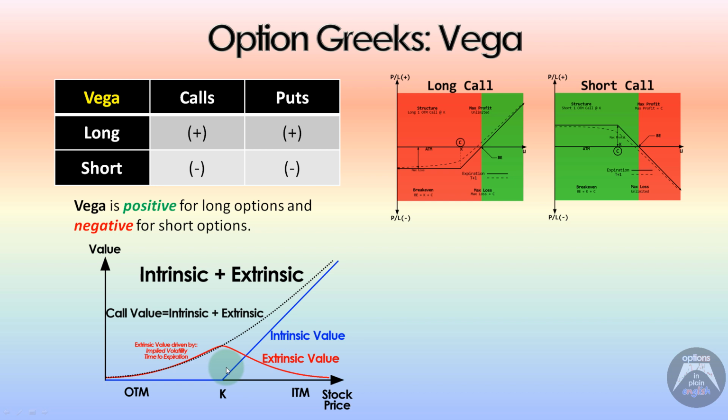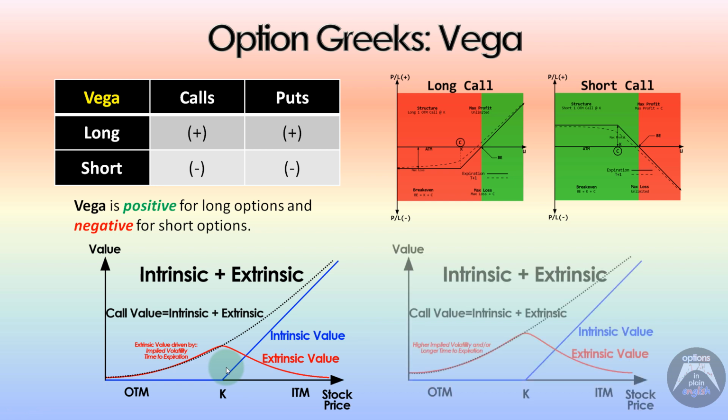Now, if you have a higher value of implied volatility, that distribution is going to be shifted higher, so that, as you can see, this little mountain is going to be taller. Okay, same basic shape but taller.